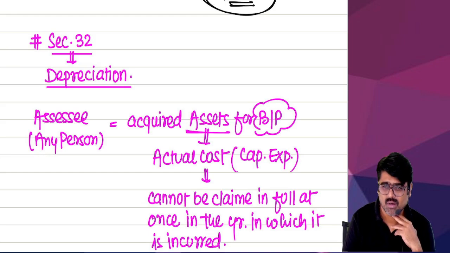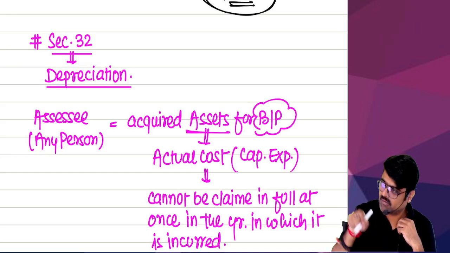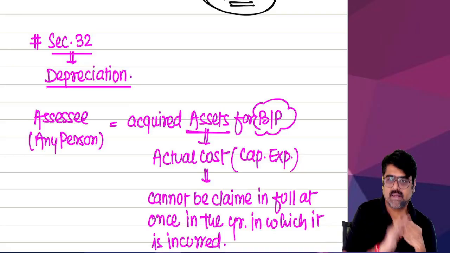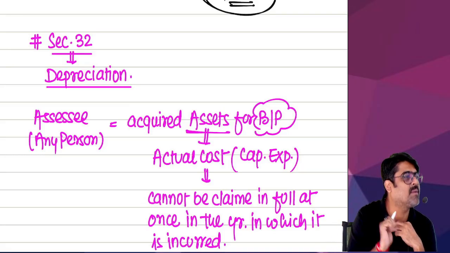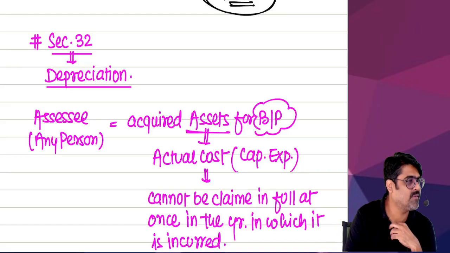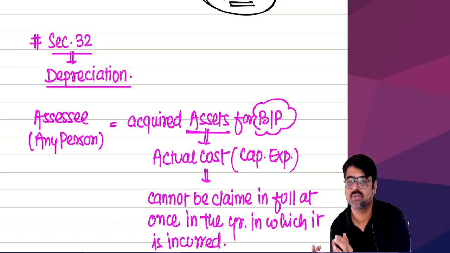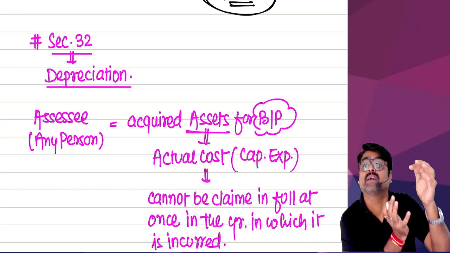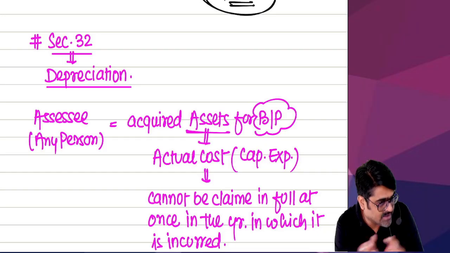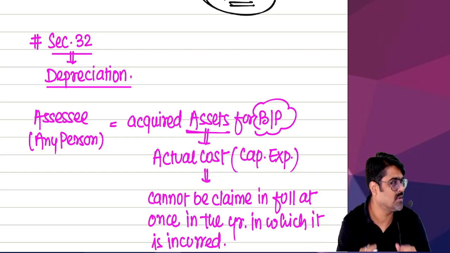From your business income, if you will claim this amount in the form of depreciation, meaning your business income will come down. Your tax liability will come down. If depreciation is allowed as a deduction, your business income will come down, no?